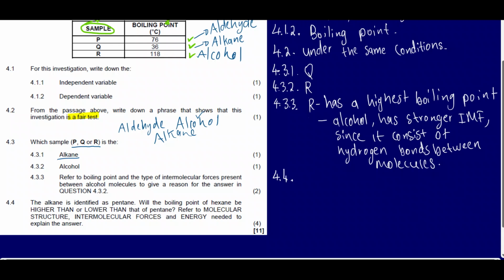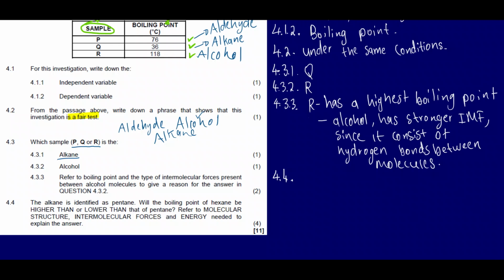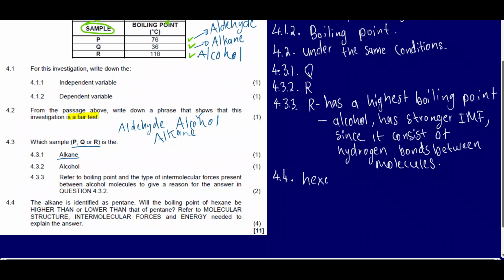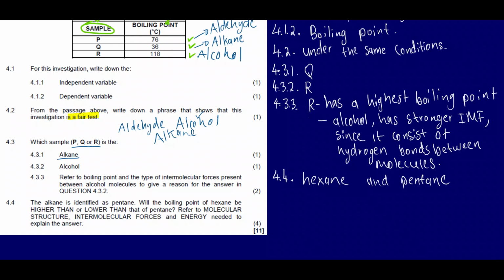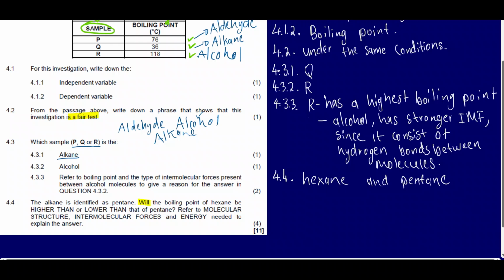So let's look at 4.4. The alkane is identified as pentane. So for that alkane, they did some test and it was found that it was pentane, right? Now we're comparing hexane and pentane. We have to read the question carefully so that we know how to answer it.